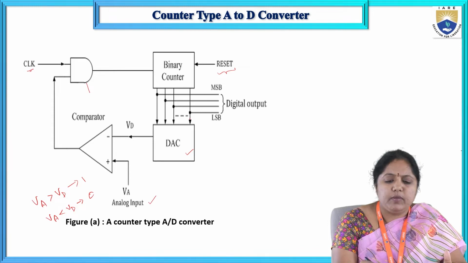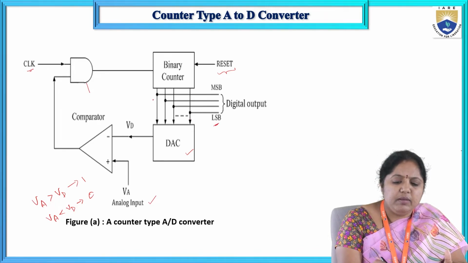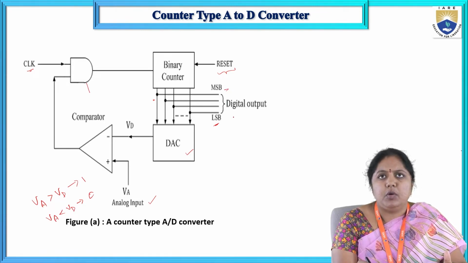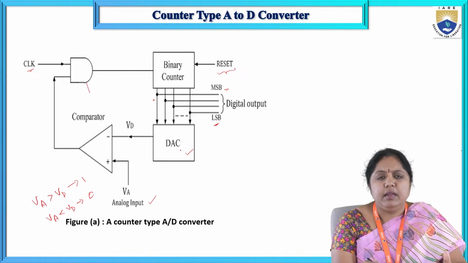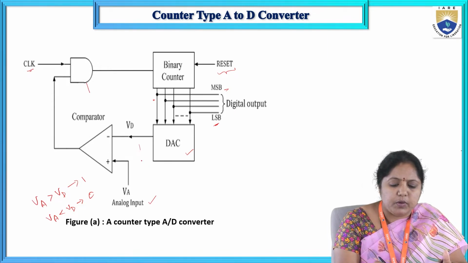If you observe the output of this binary counter, this is the LSB and this is the MSB position. It generates the digital output, which I am giving as the input for the DAC circuit. So this DAC circuit will generate the equivalent analog output for the digital input value.